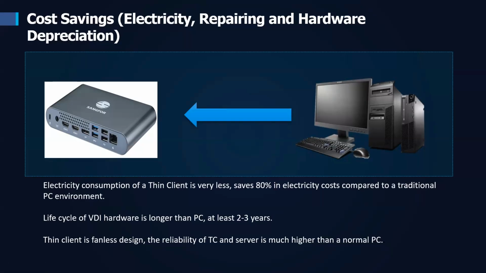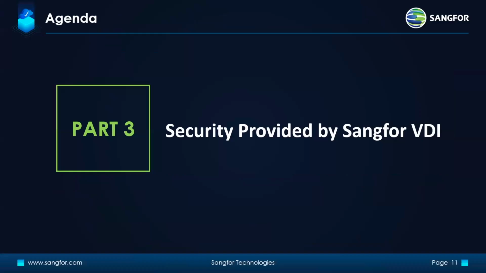So we have a very high performance and highly reliable device in the shape of our thin client. All the data will be saved in the central location, not in your thin client. You just need to connect the thin client with the network, your mouse, keyboard, and monitor. You just require those things, and your thin client will become a medium between you and your VDI server.